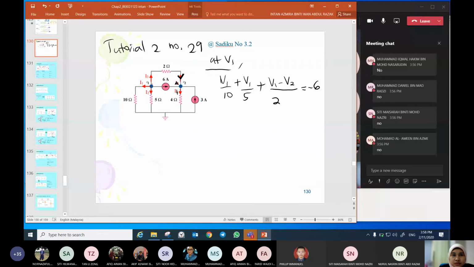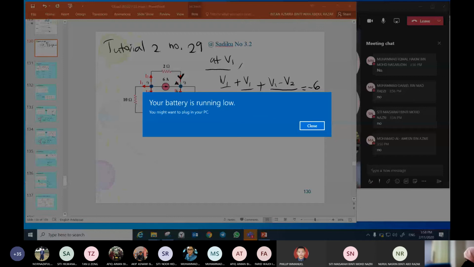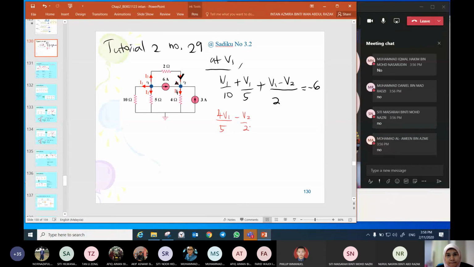Okay, let's say all currents go from V1, so it will be like this. Now please rearrange. This is your first equation.